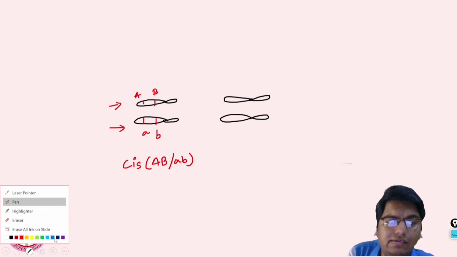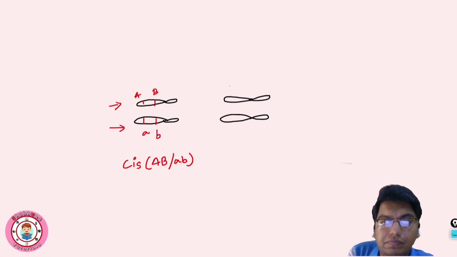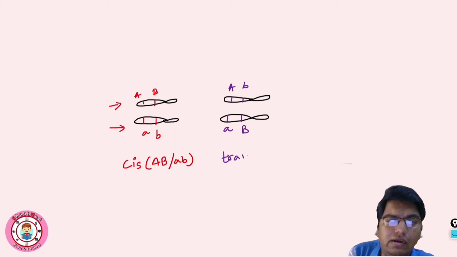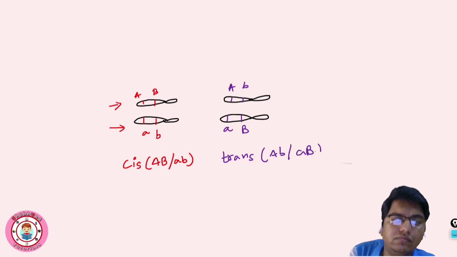And in the next, this is capital A, small b, and here small a, capital B. So this is known as trans. Okay, got it?